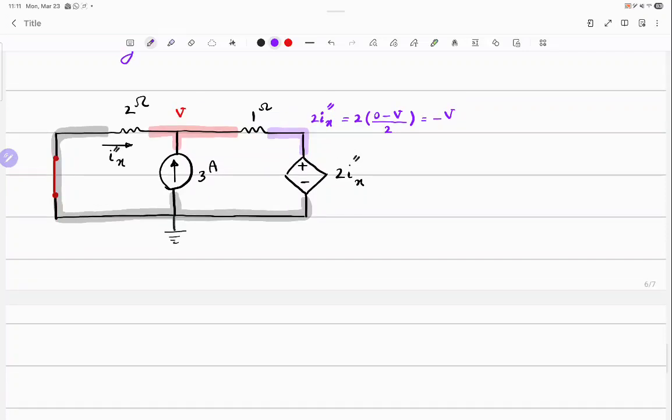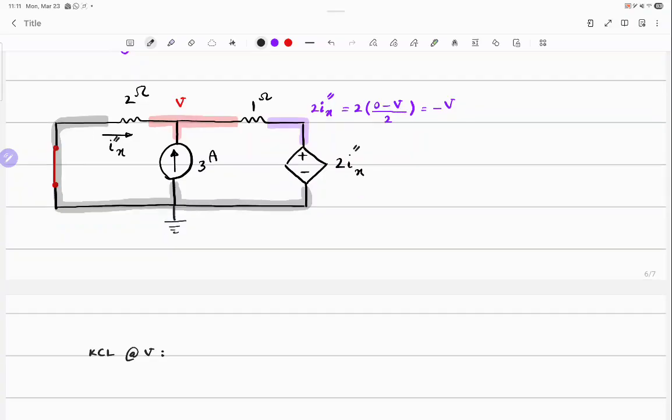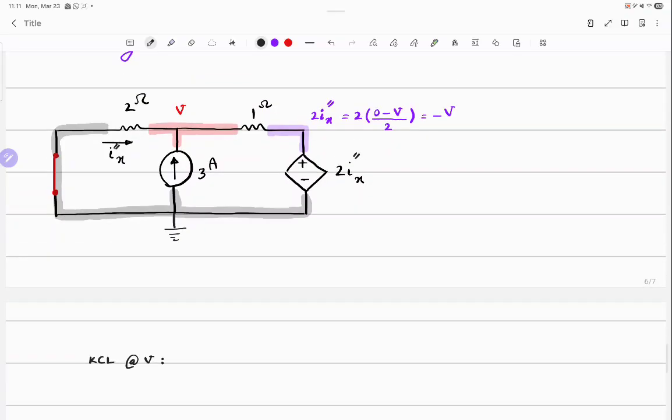Now, let's write KCL at V. Let's start with, yes? Why would it be 0 minus v over 2 instead of 1? Where's 1?